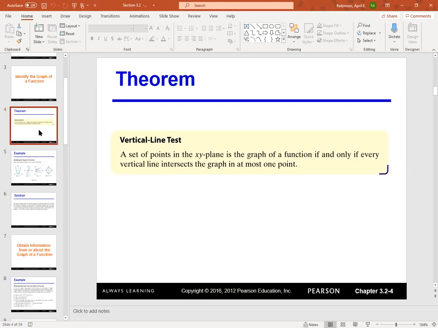A set of points in the XY plane is the graph of a function if and only if every vertical line intersects the graph in at most one point. So if you can find a spot where you draw it and it hits it in 2 points, that graph is not a function because you just found 2 points with the same x coordinate.